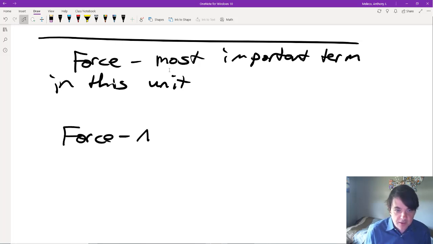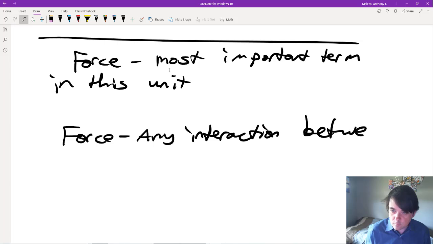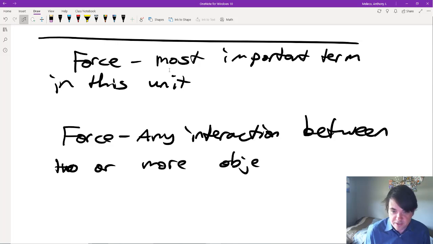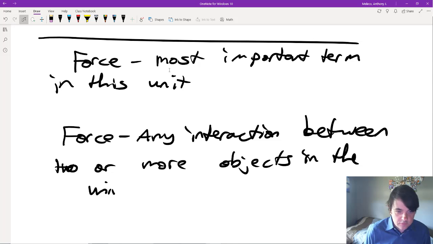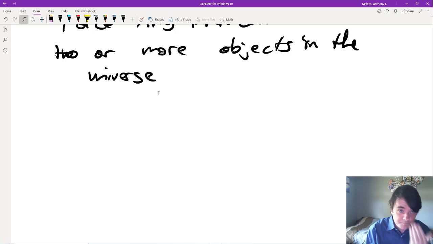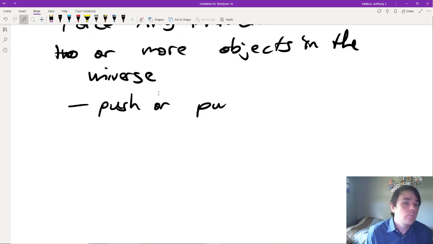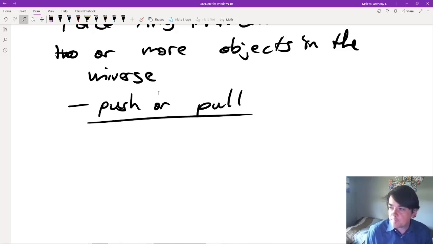Again, this is any interaction between two or more objects in the universe, a push or pull.